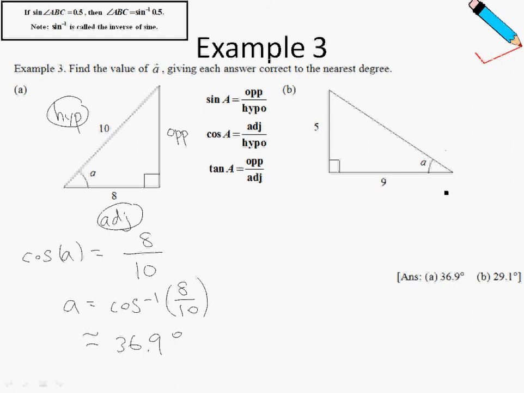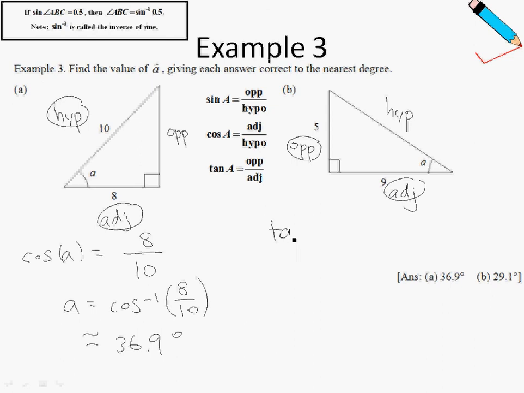We're going to do something similar in part B. With respect to angle A, my opposite will be here, adjacent will be here, and hypotenuse will be here. In this example, I'm given the opposite and the adjacent. So once again, I will ask myself, which trigonometric function will I use? In this case, I will make use of the tangent function, because the tangent function consists of the opposite and the adjacent.